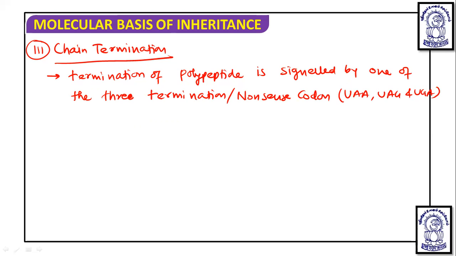So, when a stop codon comes at the A site, any amino acid is not going to be added by any tRNA. Okay.